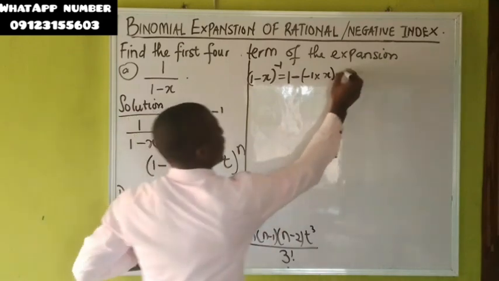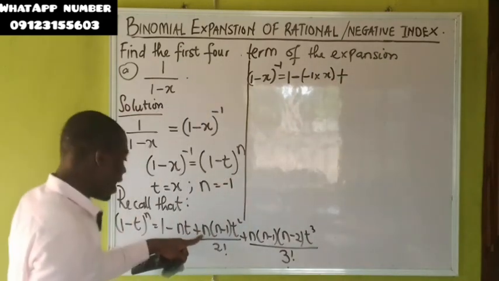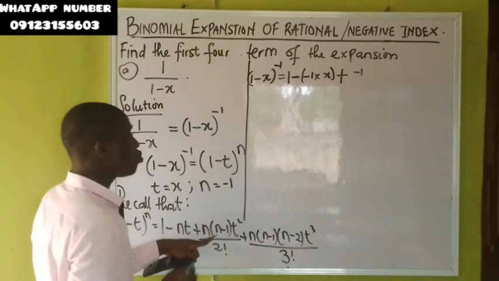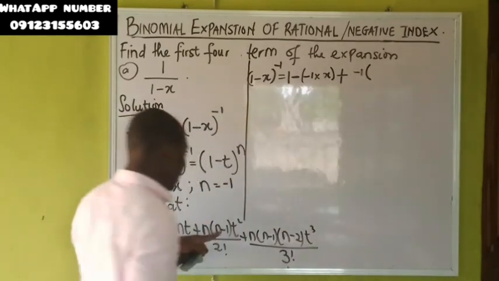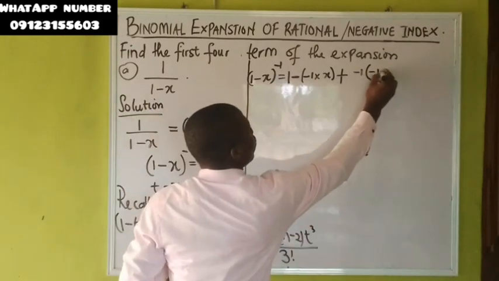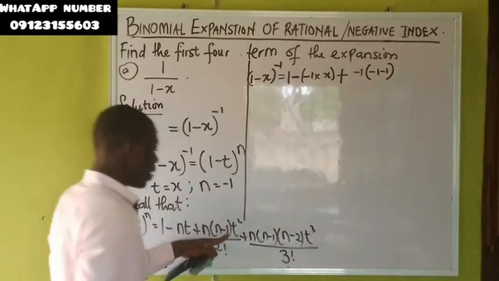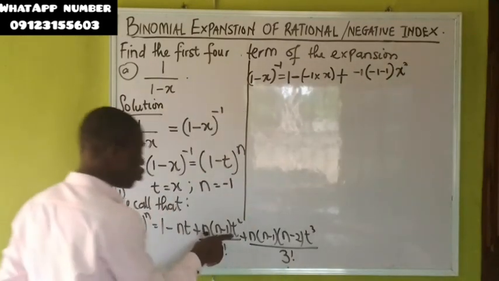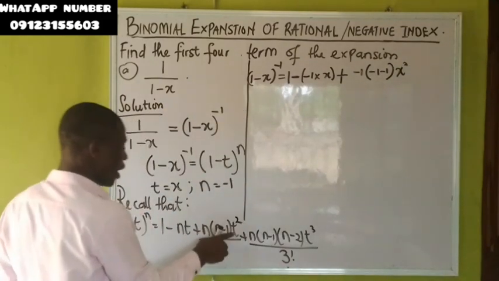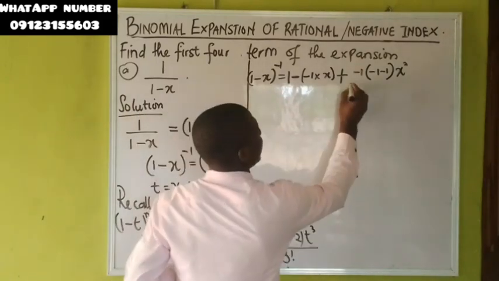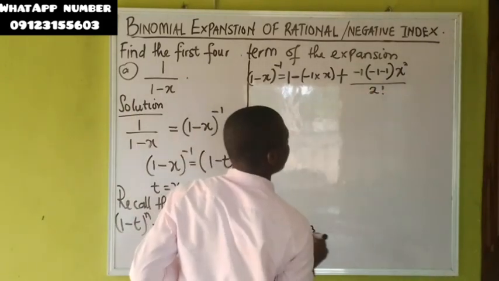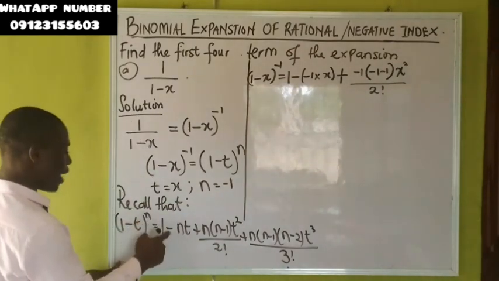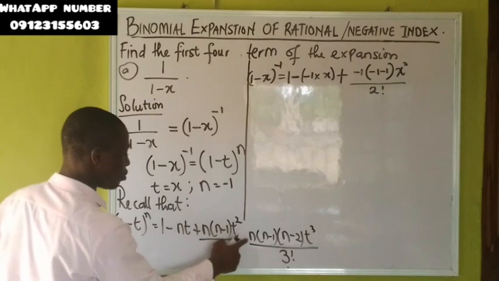Plus, I have a positive sign. n was minus 1, into n is minus 1, minus 1, close the bracket. t was x, that becomes x squared, so t squared becomes x squared over 2 factorial. Next up, I have plus, minus, plus, here becomes minus.